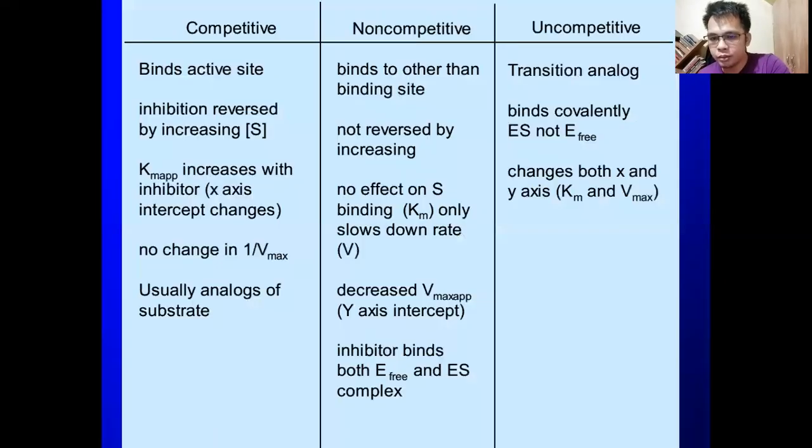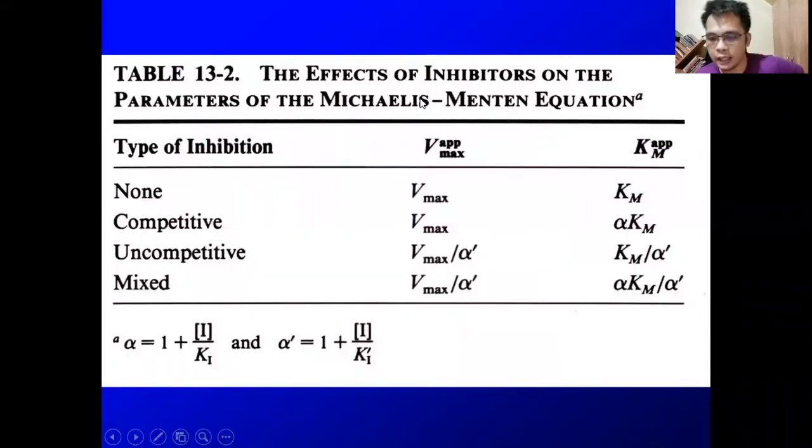So here are the differences between competitive, non-competitive, and uncompetitive inhibition. And Vmax, these are some numerical definitions of it.